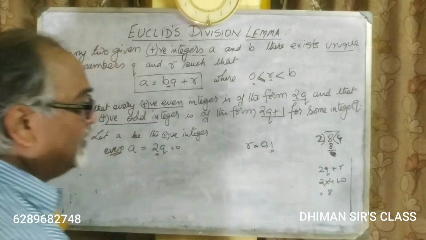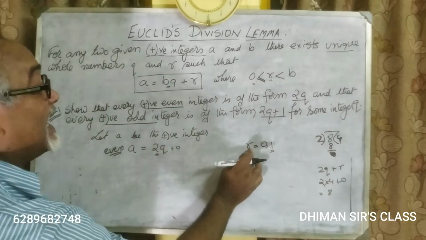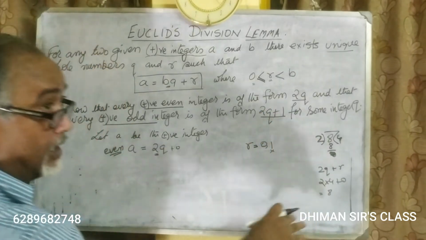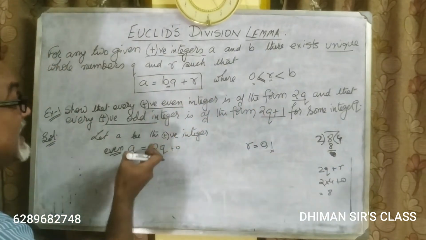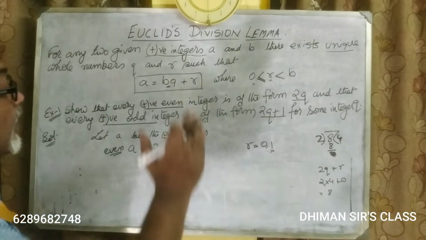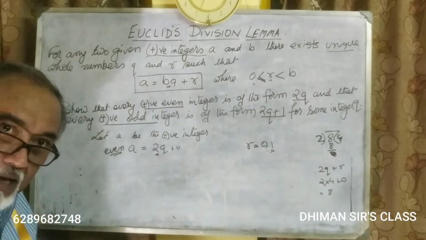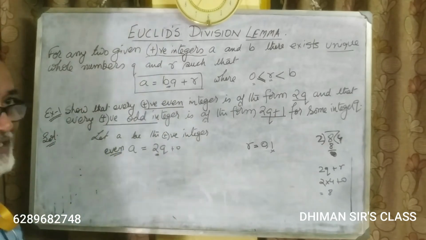So, therefore, it is even. Why? Because the remainder can be 0 or 1. It cannot be 2 because B is 2. R should be less than B, so it should be less than 2: 0 or 1. Clear? So, therefore, A is even.